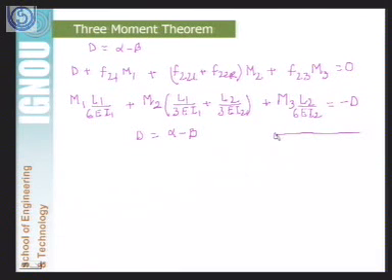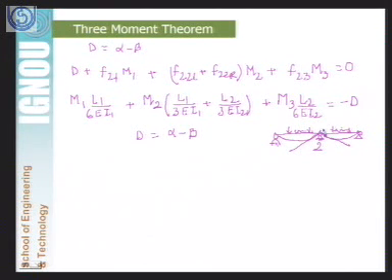Alpha is because of the loading here and the loading here, the value of rotation at this node, and again there will be rotation here at node 2.